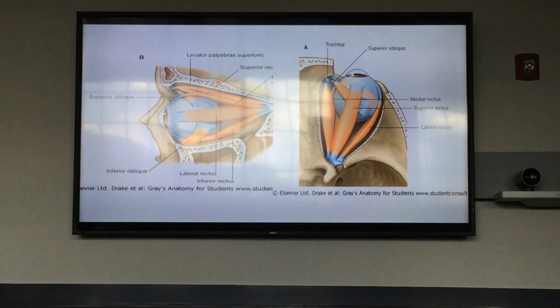Yes? Okay? Now, one of the things that you should spend your time thinking about is the function of these muscles and how they move the eye when you isolate them in a particular way. For you guys to study eye movements, we don't have enough time to do that.